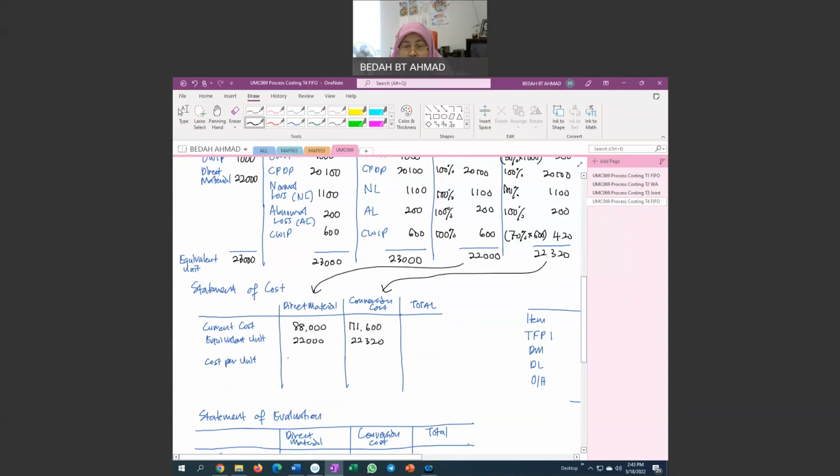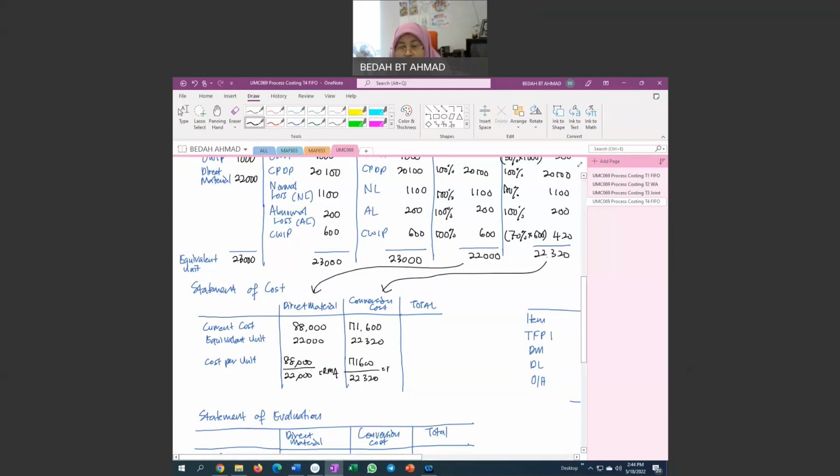So for the cost per unit, you just divide the 88,000 by the equivalent unit 22,000. So we get RM 4. And this one we divide by 22,320, so it is RM 5.